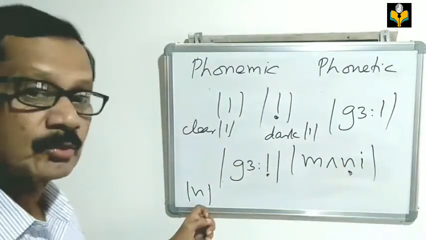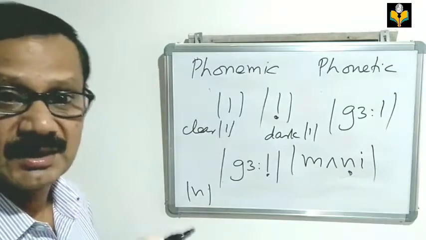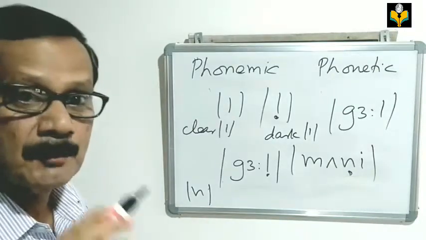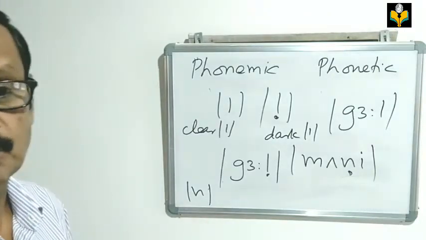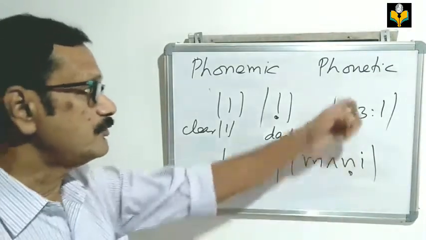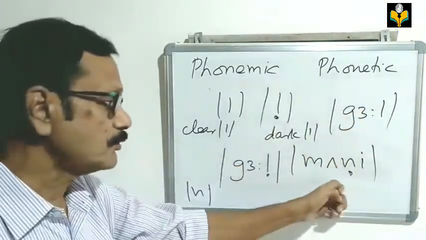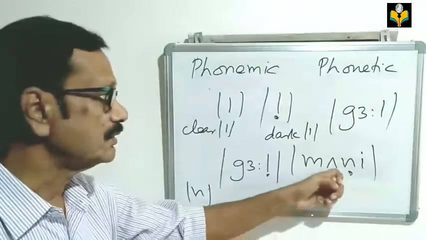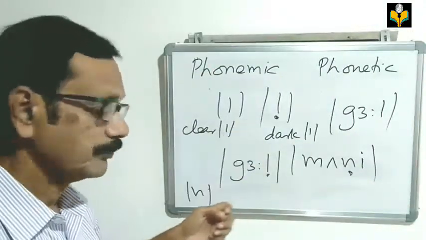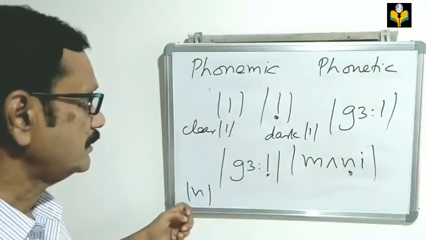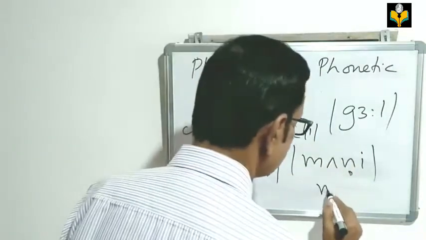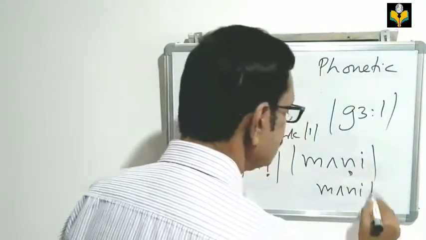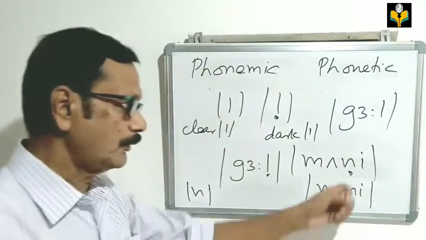Here, English has got only one symbol to represent both na and n sound. So, when you write a phonetic transcription, you have to represent money like this, girl like this. But in phonemic transcription, money is just like this. No need of putting this.